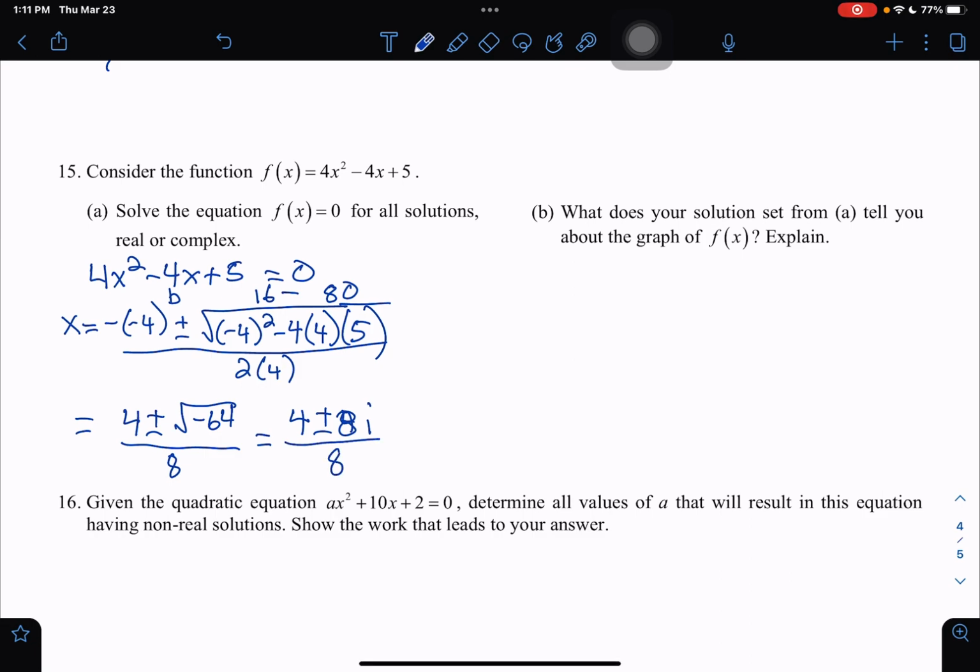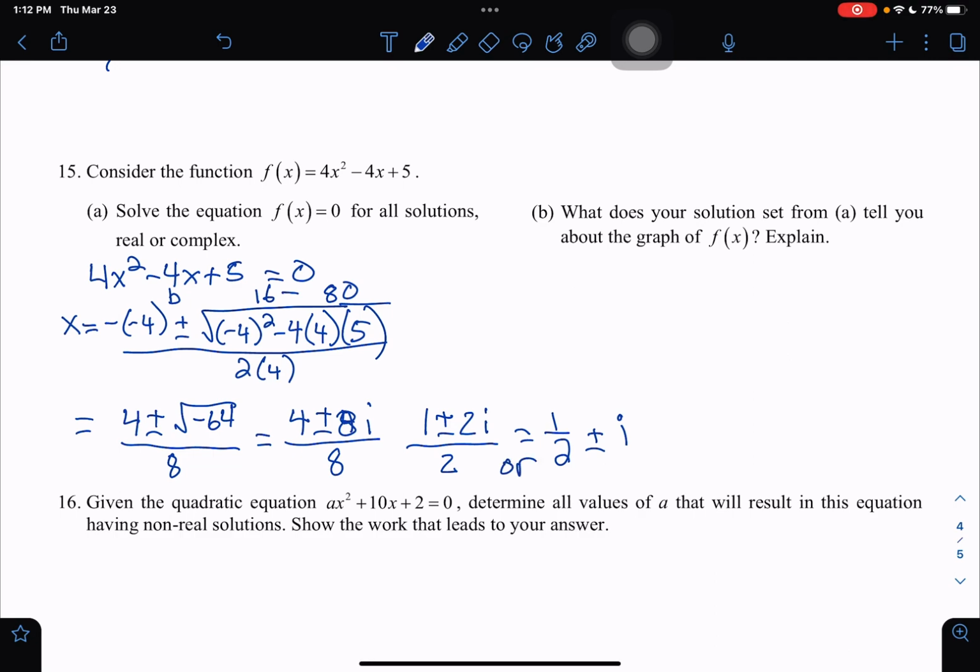And then we can divide each of these by 4. So we get 1 plus or minus 2i over 2. And then you could split these. You can make this 1/2 plus or minus i. Okay, either one of these are good.